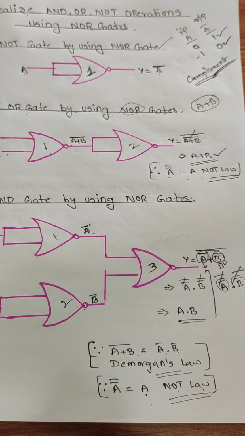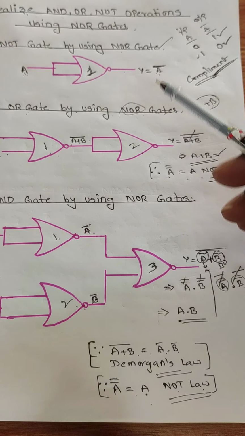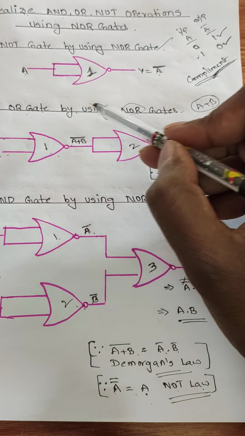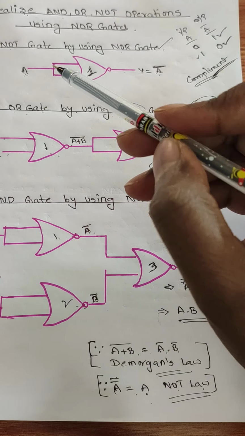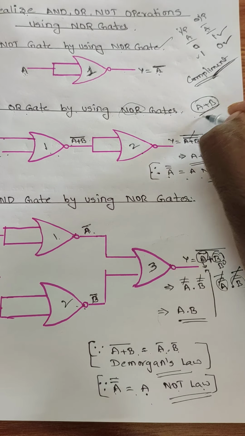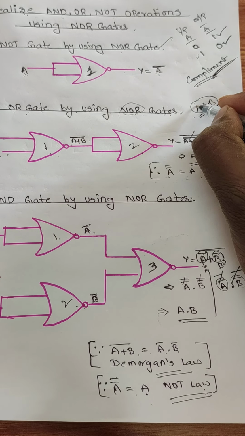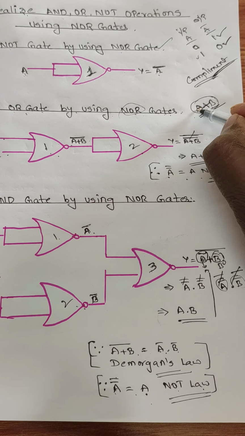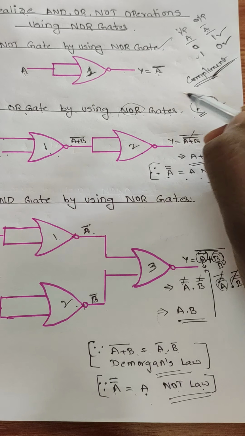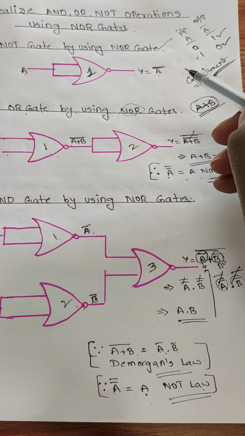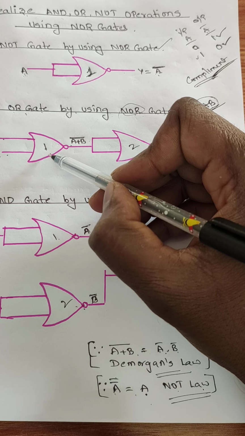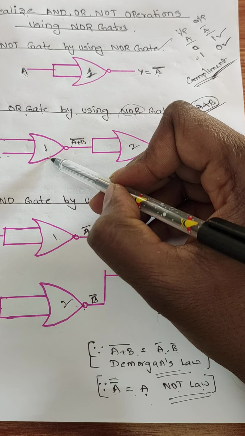Then we will see how to construct OR gate by using NOR gate. We have to get the OR gate functionality, that is A plus B. As we know, NOR gate can be constructed by OR gate and NOT gate.